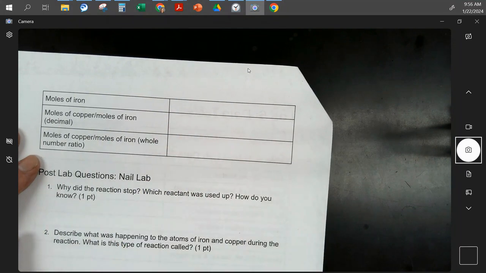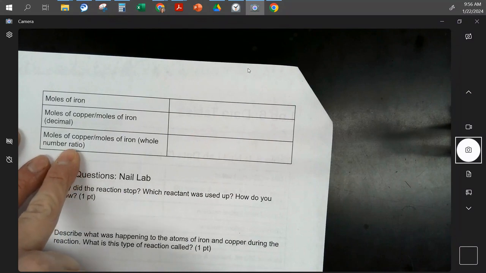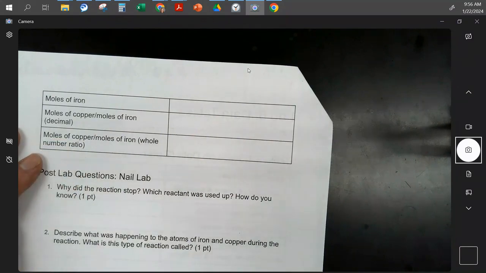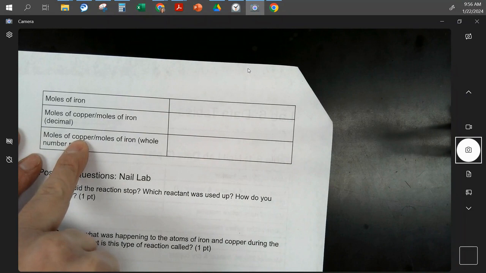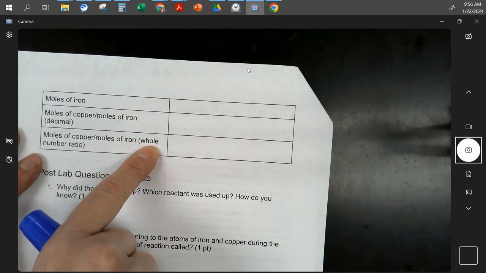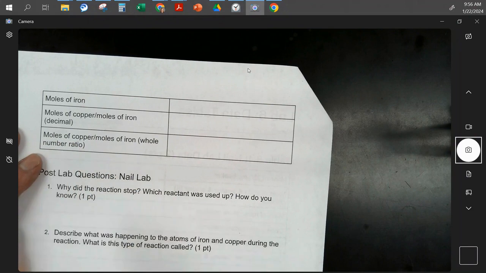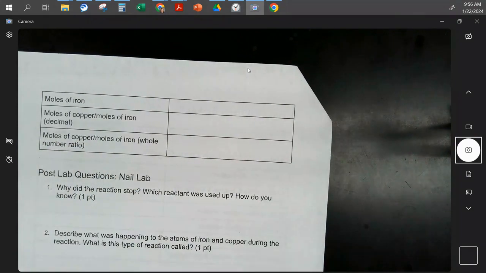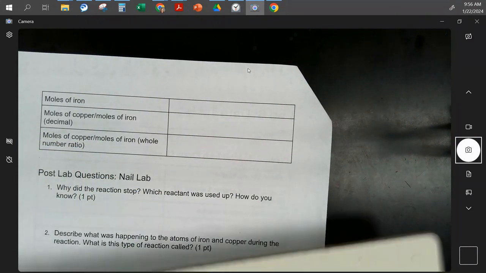Okay, this one's different. This one's like that number upside down. Moles of copper divided by moles of iron, and we're going to round it to the closest whole number. So I only want to see one digit here. For example, I'm just going to make up a number.